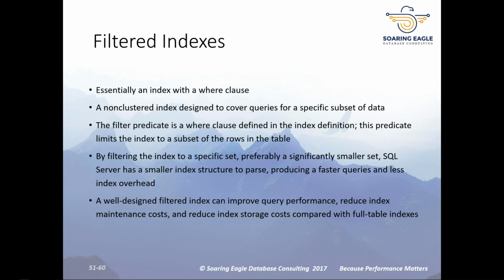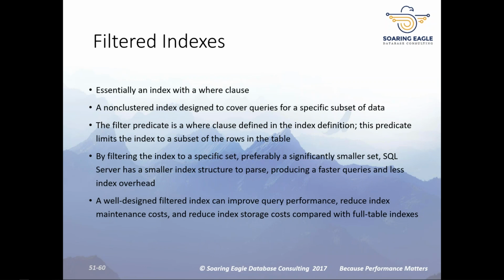Filtered indexes are brilliant. Filtered indexes were introduced around SQL Server 2008 and started working in 2008 R2. What they allow you to do is index on a smaller subset of data. My favorite example is you've got a process table, somebody puts an order in it, and you want to know if it's processed or not. So you want to bring back the most recent one that hasn't been processed yet.